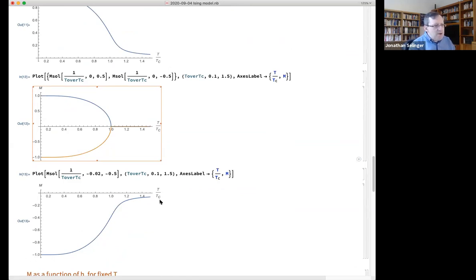So this is the plot for negative field. Here's the plot for zero field. With zero field, you can go positive or negative. Either way, it's random. And then for positive field, you only get magnetic order in the positive direction.